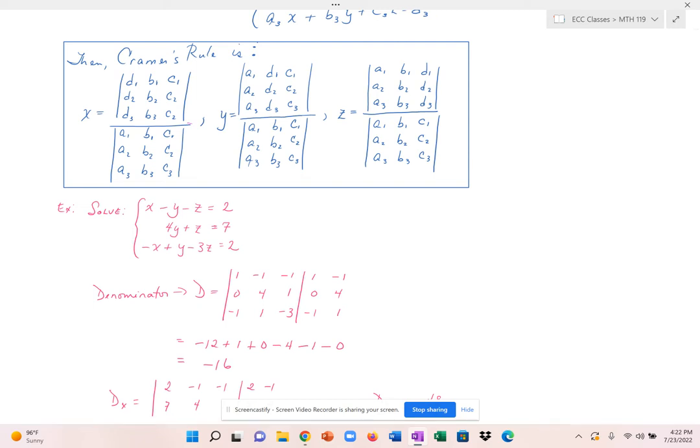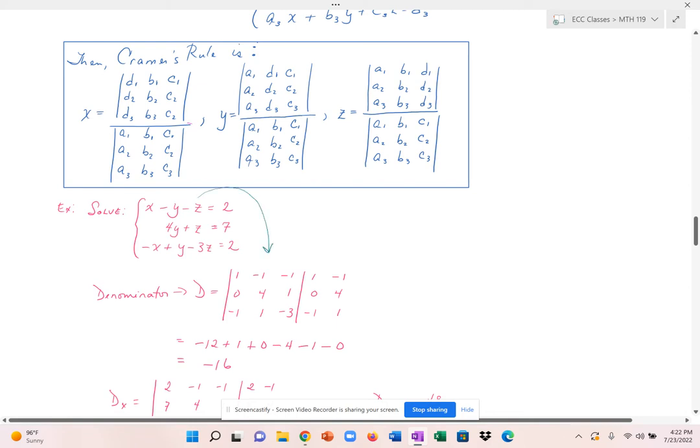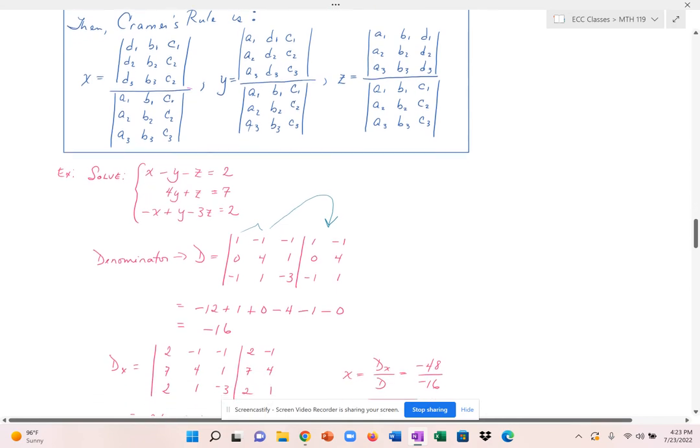So when I put all of my coefficients in here, this one doesn't have an x, so I have to put a 0x here. So I get 1, -1, -1, 0, 4, and 1, -1, 1, and 3. So I use the first method where I copy the first two columns, and then I just multiply on a diagonal and add and then subtract those results.